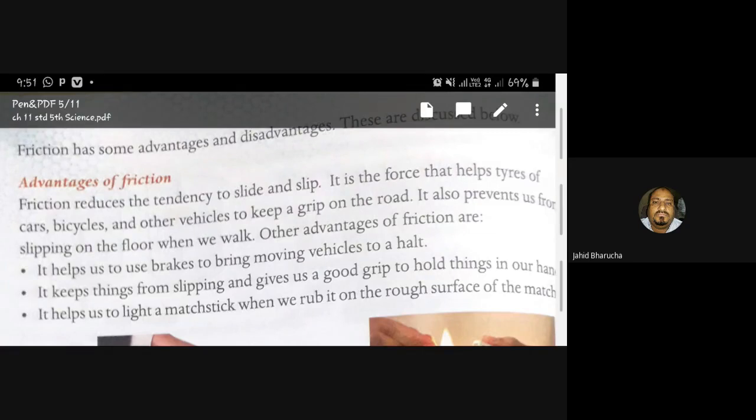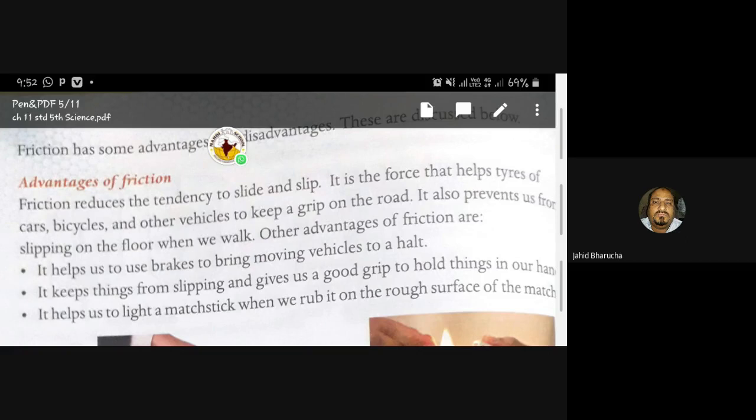It is a force that helps tires of cars, bicycles, and other vehicles to keep a grip on the road. It also prevents us from slipping on the floor when we walk.